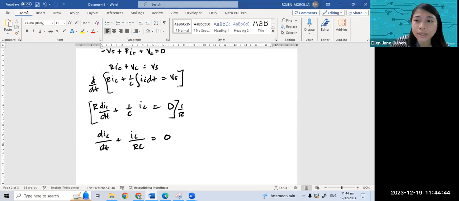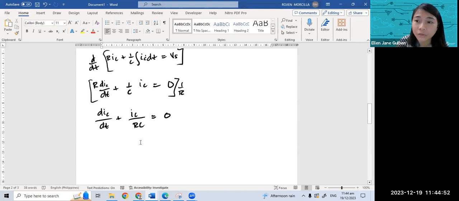So you may notice, class, this is the equation for our current, and this is similar to the source-free RC circuit, where the value of this becomes I(t) is equal to IO e to the negative t over RC.